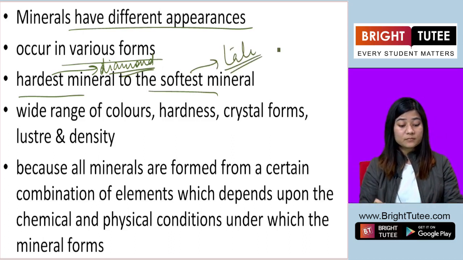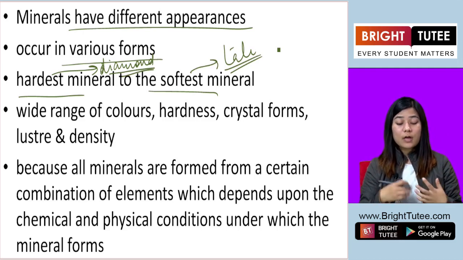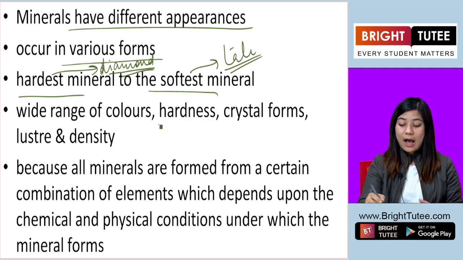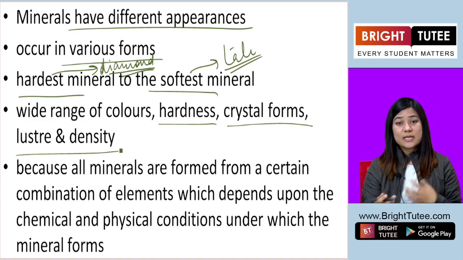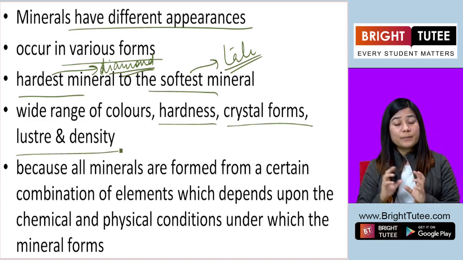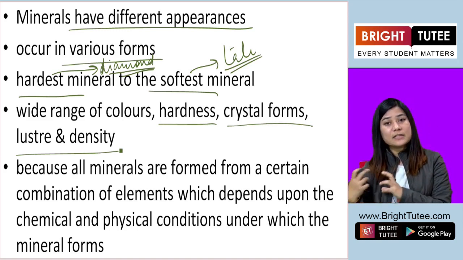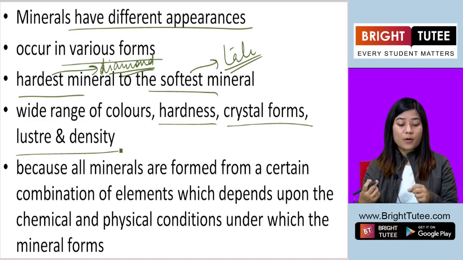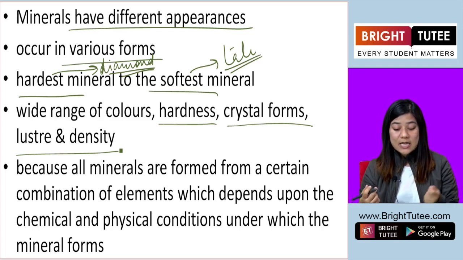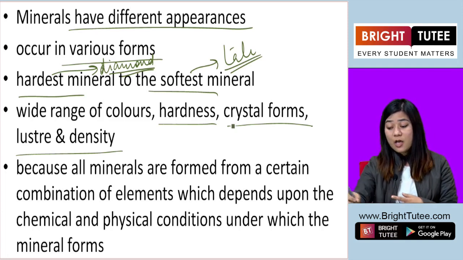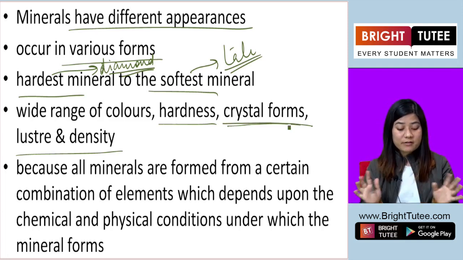And they also come in various colors, hardness, crystal forms, luster and density. So they form different kinds depending upon the texture, the density, the color, the hardness, and the crystal forms. They're of various kinds.